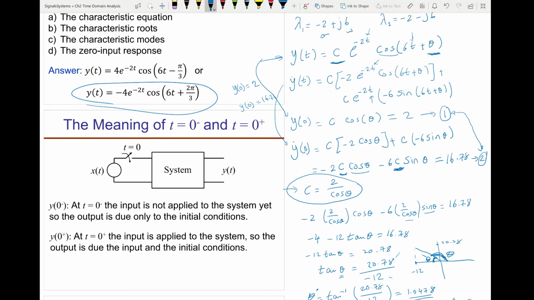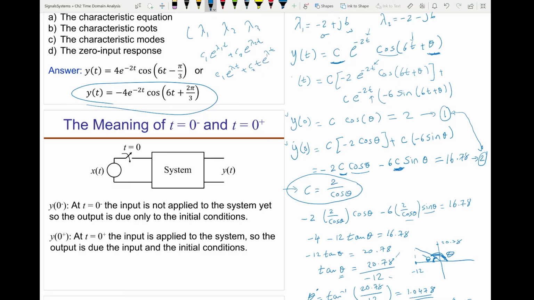So to find the zero input response, you first find the characteristic roots. There are 3 possibilities. They could be distinct real, then the solution will be C1 e^(lambda1 t) plus C2 e^(lambda2 t). Second possibility, lambda 1 and lambda 2 are repeated roots. Then it will be C1 e^(lambda t) plus C2 t e^(lambda t).